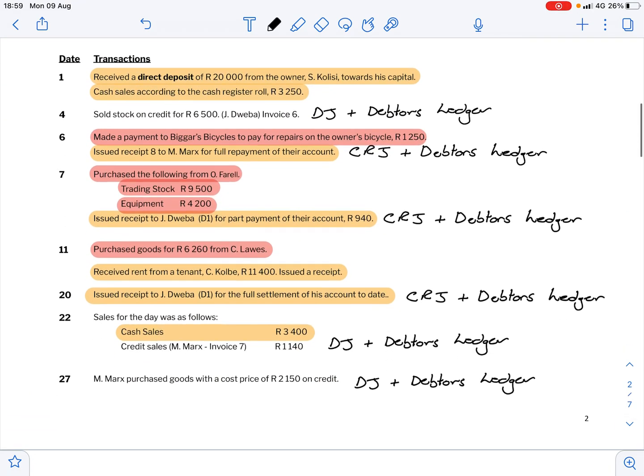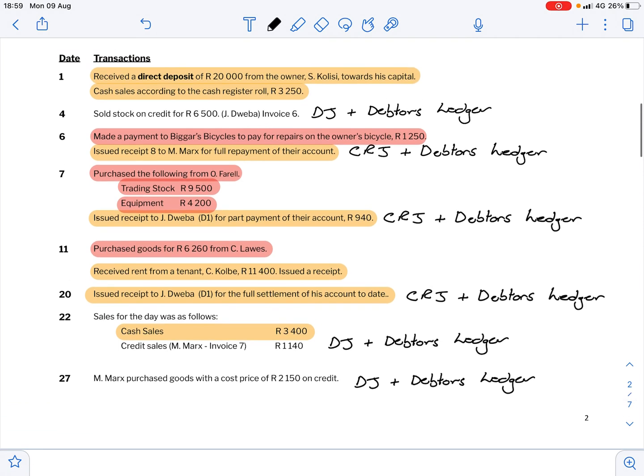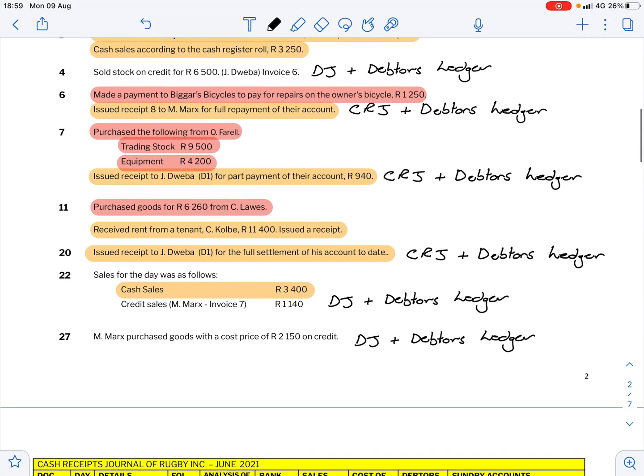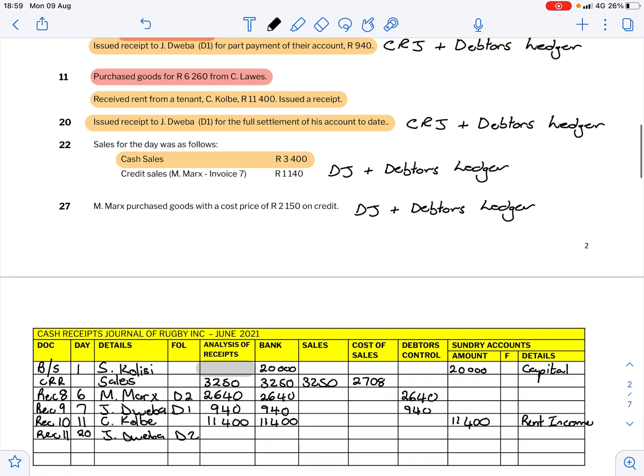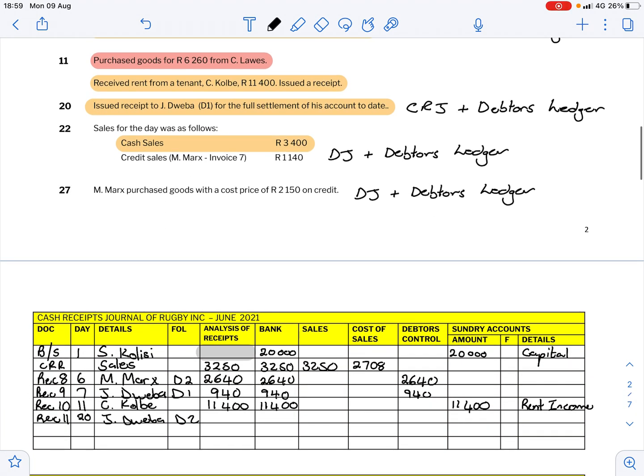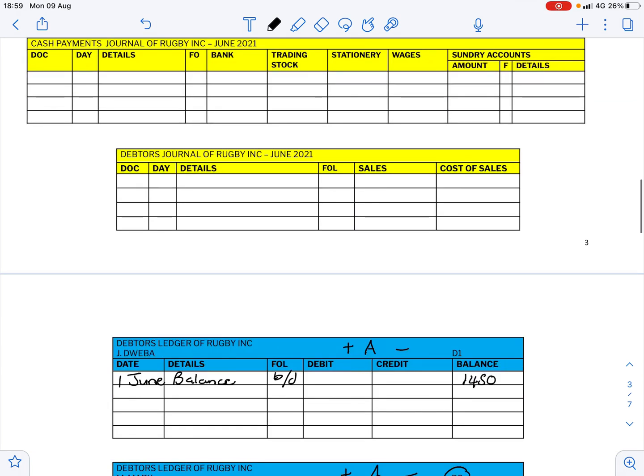If we go to J. Dweber's account, okay, we see that we sell stock to him on the 4th, and we issue invoice number 6. So we can go into our debtors journal. On the 4th, our doc number is invoice number 6.